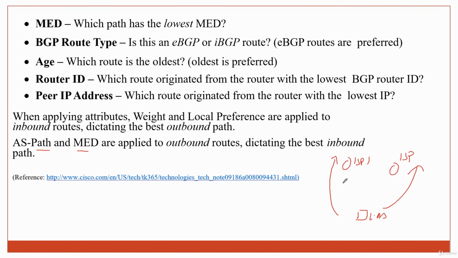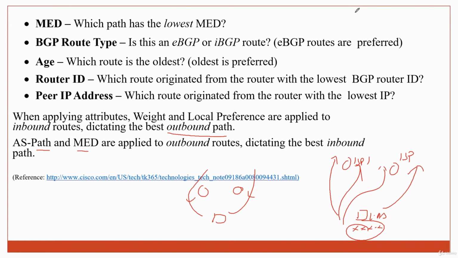That's the key, because you have one subnet and you want to prefer either ISP1 or ISP2; you can use this method. Now when you want to dictate the outbound path, suppose you have two exits and you want to choose one exit versus the second exit, in that case you apply either weight or local preference.